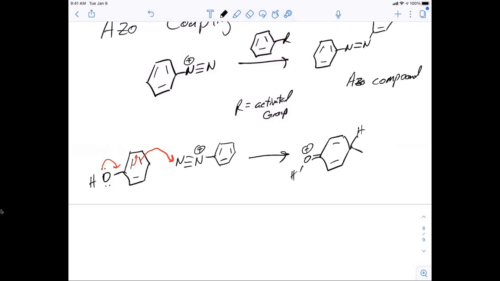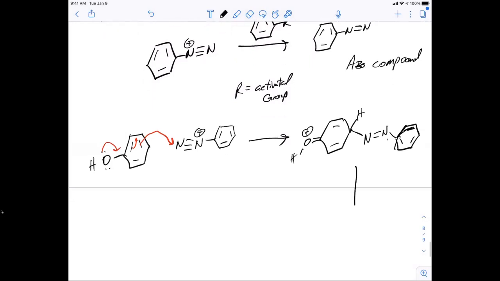All right, so this is an electrophilic aromatic substitution. And then here, we just need a base, and any base could pull that off, even the chloride.